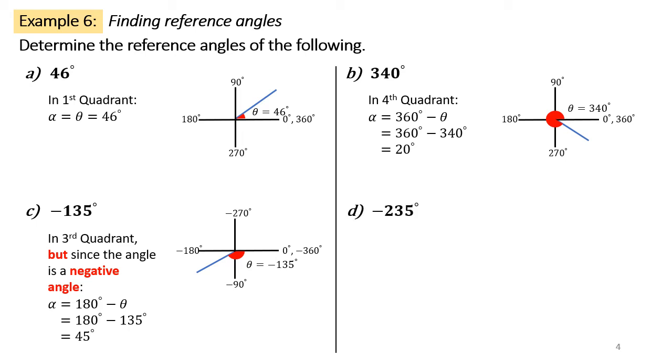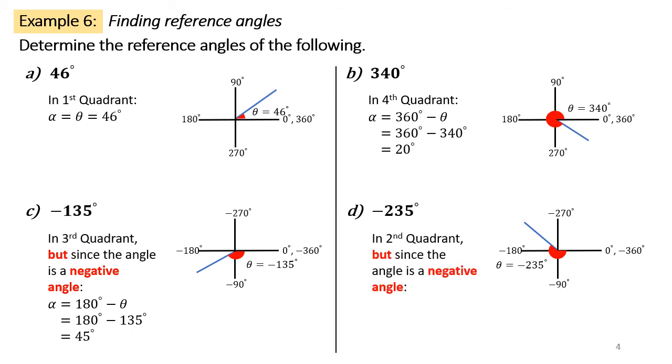Same as the last example, we are given theta is equal to negative 235 degrees. So when we draw, we will get that our theta will be in the second quadrant. However, since theta is a negative angle, the formula for the second quadrant now will be the same as the formula for the third quadrant. So we have alpha is equal to theta minus 180 degrees.